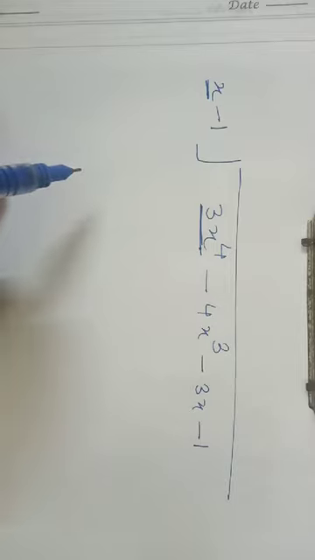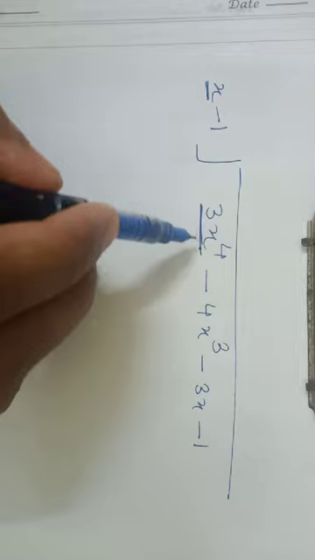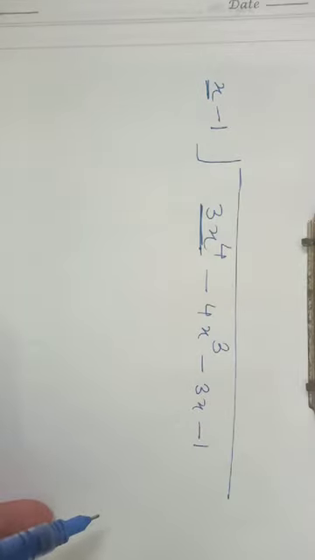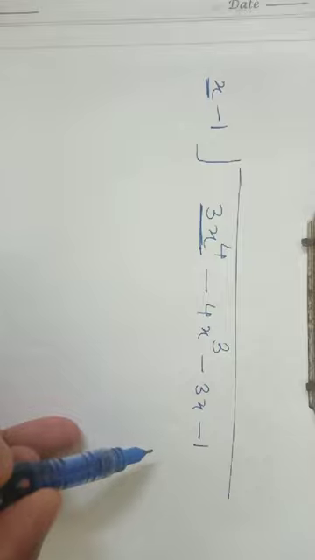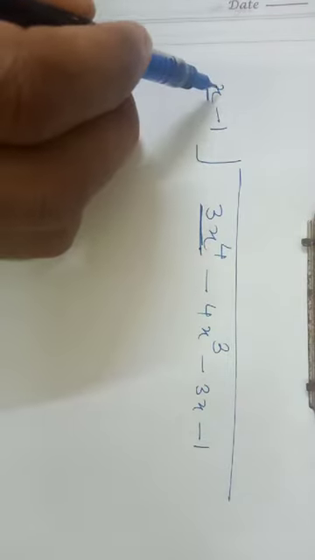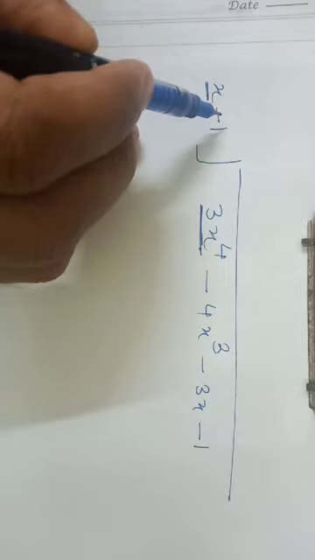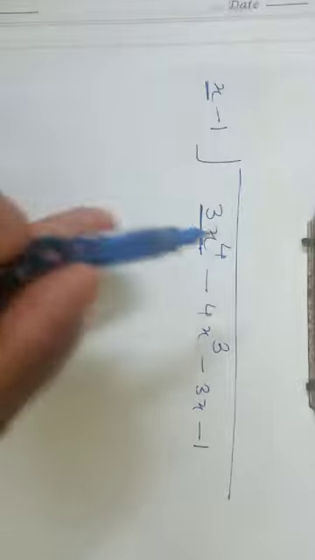Why am I asking about the first term? First you should write in descending order of the power. Descending order of the power means 4, 3, 2, 1, like that. Here also, in descending order of the power of the variables.